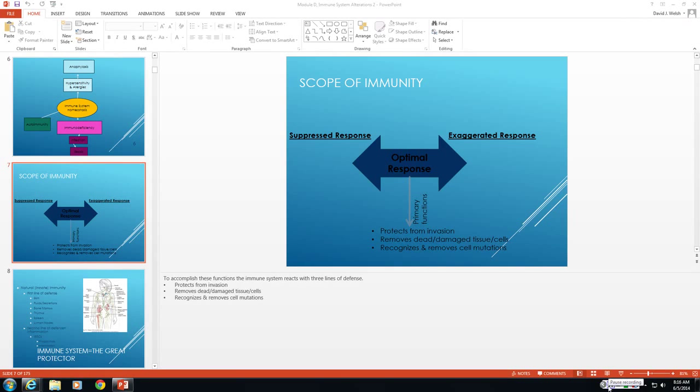So for the scope of immunity, around the optimal response, you're either going to have a suppressed response or an exaggerated response. Now, the primary functions of this optimal response are going to be to protect the body from invasion. It's also going to remove the dead or damaged tissue or cells, and also recognize and remove the cell mutations.